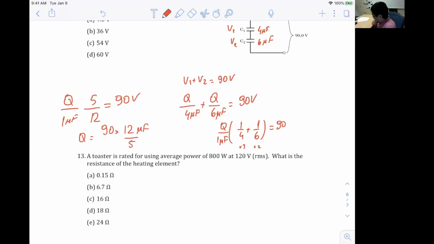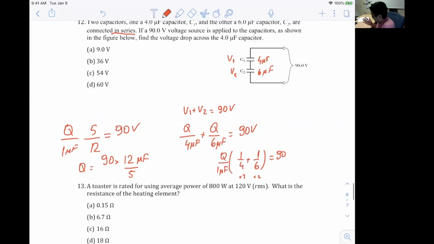Then it asks what the potential on the 4 microfarad is, which is V1. So V1 is Q divided by C1, right? And we found Q, 90 times 12 microfarad divided by 5. C1 is 4 microfarad. Then you see the units are going to cancel.